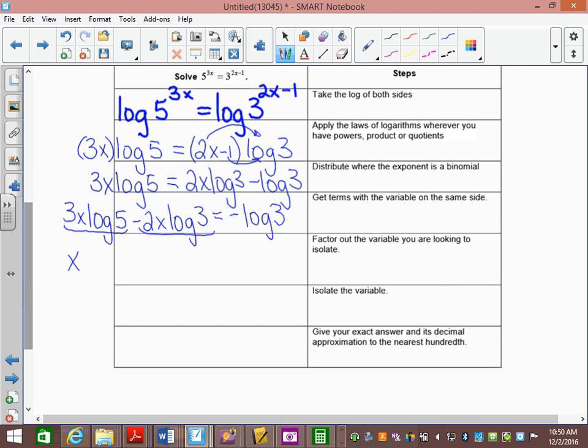The x stays out front, and then I'm left behind with 3 log 5 minus 2 log 3 equals negative log 3. I want to get x by itself. X is now multiplied by this bracket here. How do I get rid of this multiplication of this log expression? Divide it.